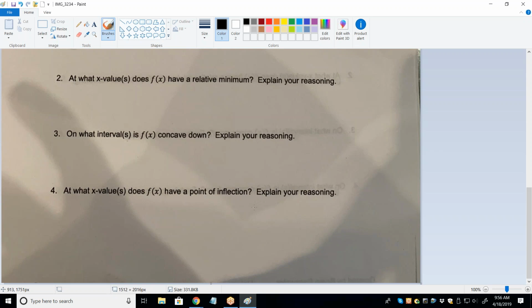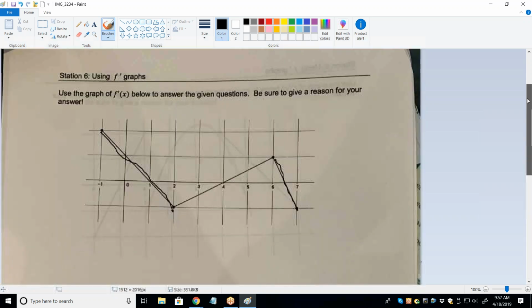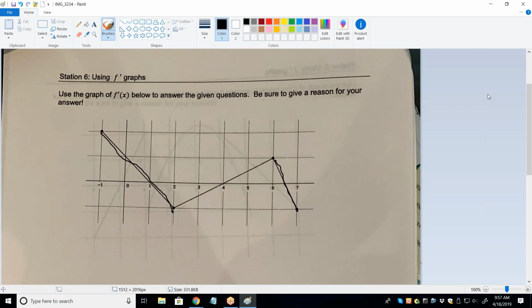And at what point does the original function have a point of inflection? I am not sure on that one. That is where the second derivative is 0. So that's what separates concave up from concave down.